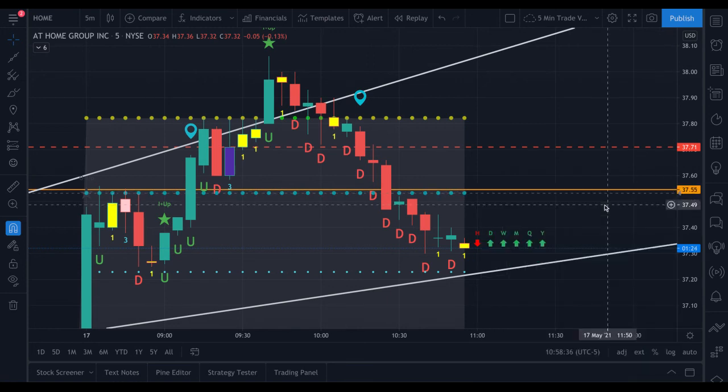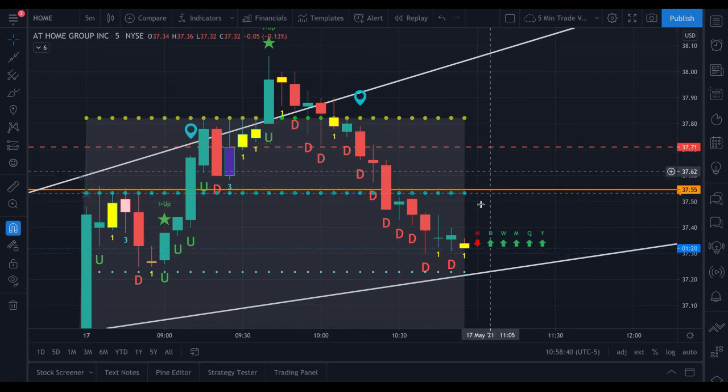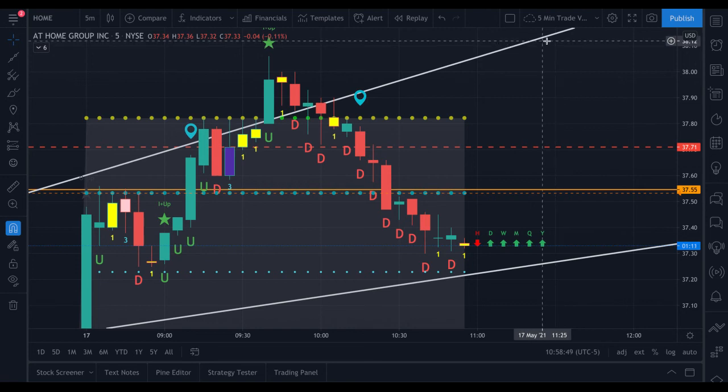So I'll just add an alert for myself here. If I get that alert, I'll enter again and place my stop loss based on what the candles look like at that point. And again, we'll use these two support and resistance lines throughout the day to determine how I'm going to move forward with that trade.